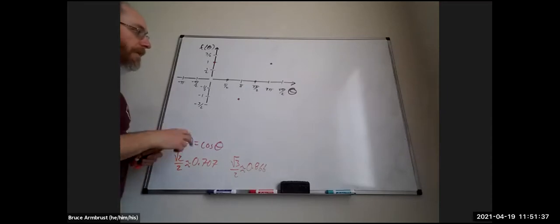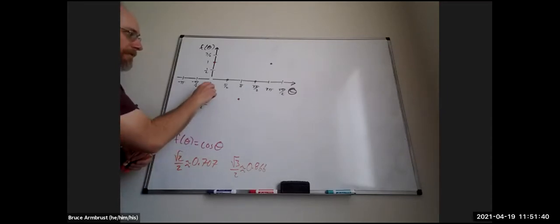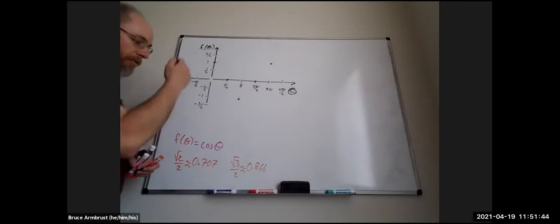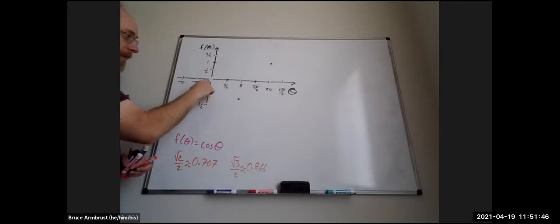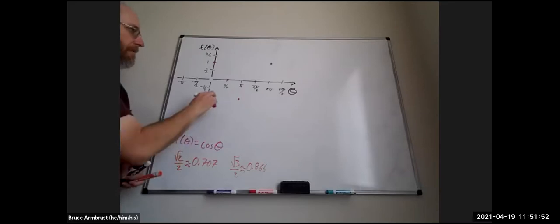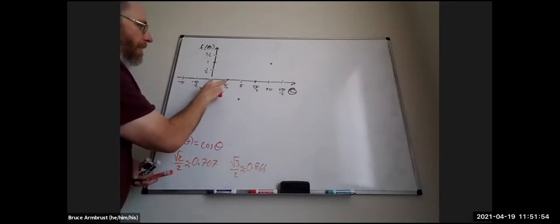All right, so let's get the other points and let's look in the first quadrant, the very top of our chart. So the first one was an angle of 0. The next one was an angle of pi over 6. And pi over 6, that's 1/3 of the way to pi over 2. That's right here.